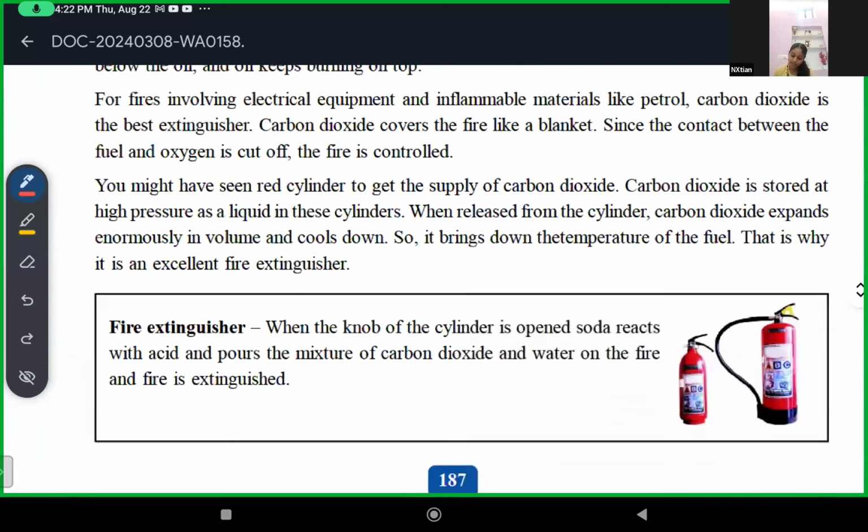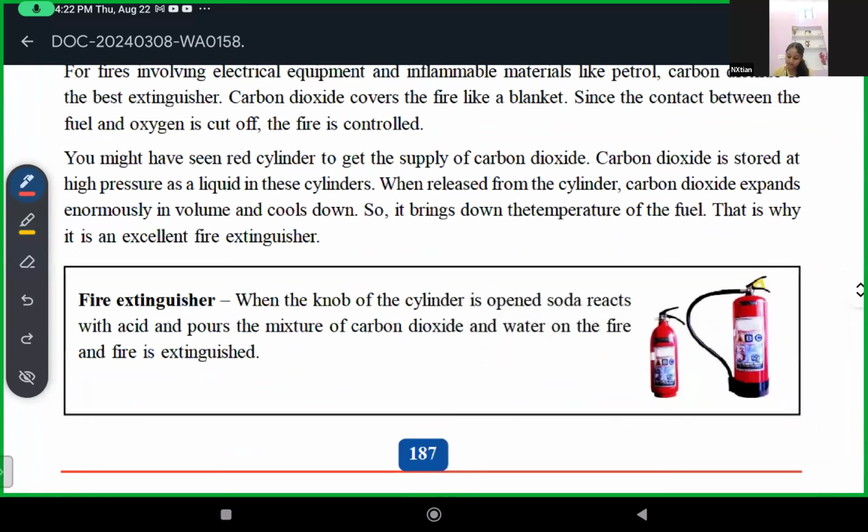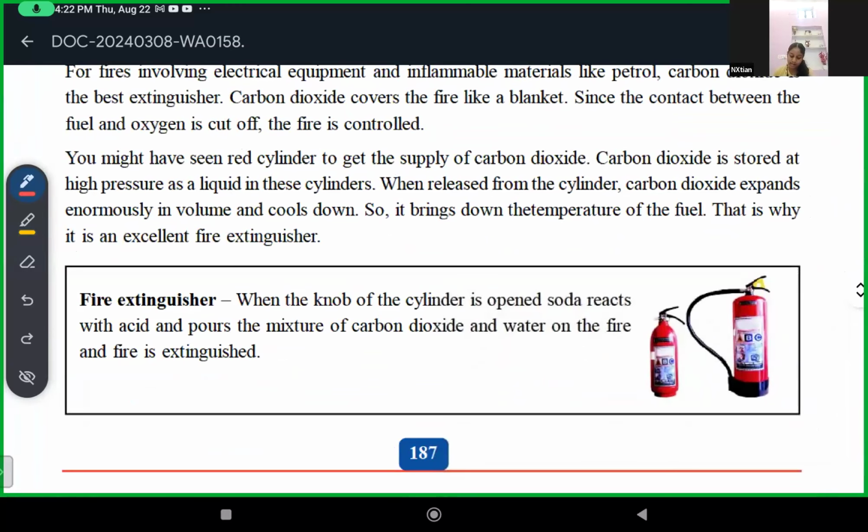You might have seen the red cylinder that supplies carbon dioxide. Carbon dioxide is stored at high pressure as a liquid in these cylinders. When released from the cylinder, carbon dioxide expands enormously in volume and cools down.